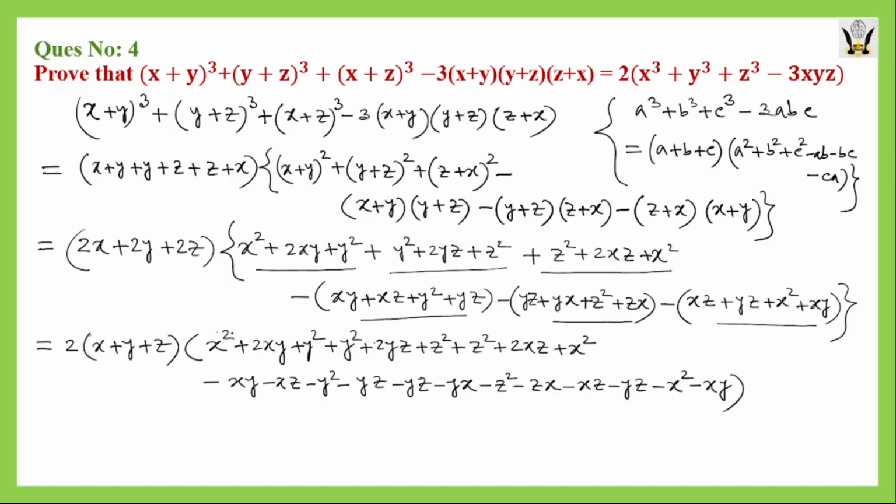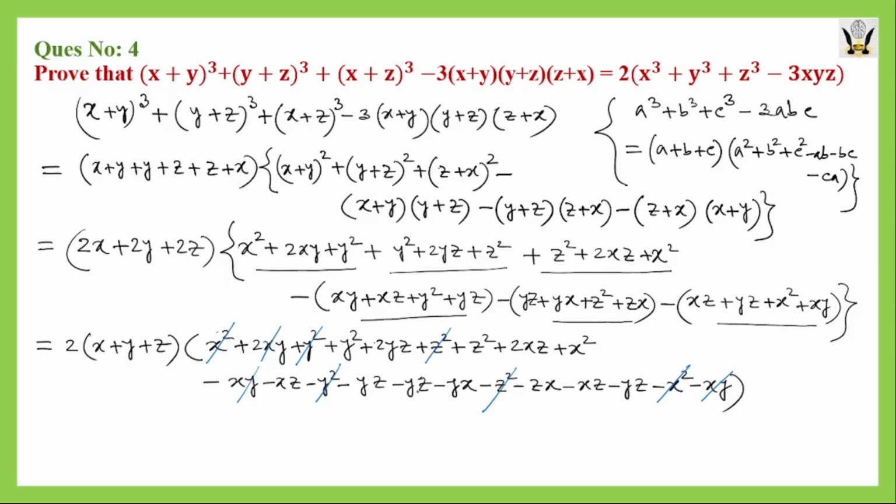So what we can see here is this plus x square and this minus x square will cancel each other. Then here we have plus y square and minus y square, which will cancel each other. And definitely we'll have plus z square and minus z square, which will cancel each other. Then we have minus xy here and one more minus xy here, so that will form minus 2xy, which will be cancelled by plus 2xy.